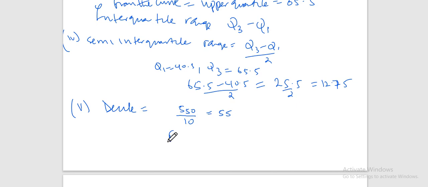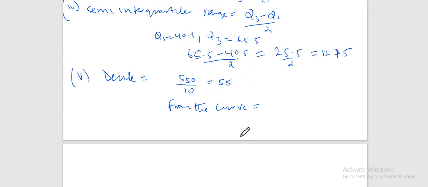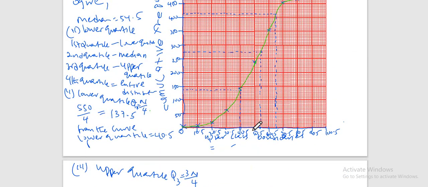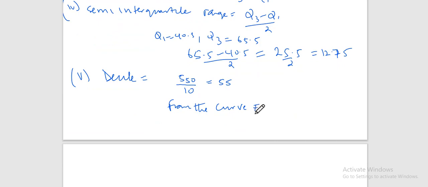So let's trace 55 from the curve. This point here, then take it down. That's 30.5. From the curve, the decile is equal to 30.5.